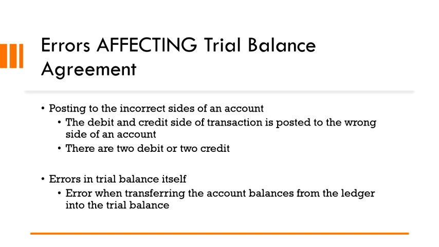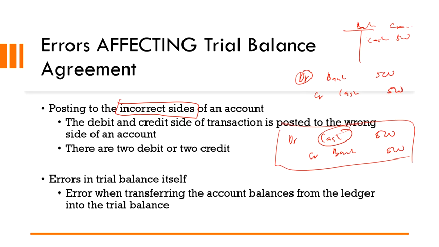For example, you record both on the debit side. You debit cash, you also debit bank. For example, it should be debit cash, credit bank, but you make both debit. So obviously it will also affect your trial balance.